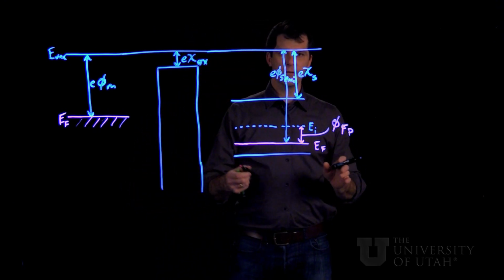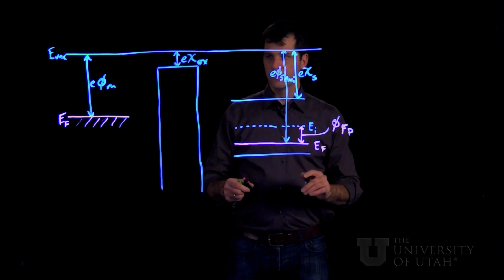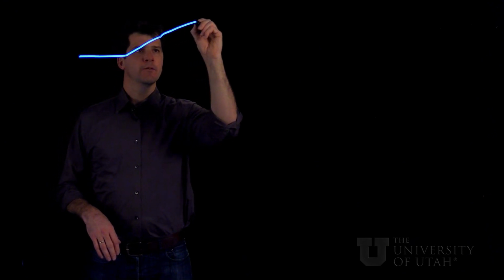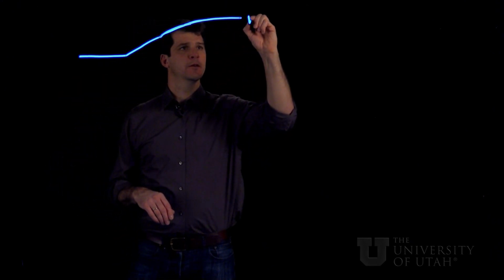So let's redraw this diagram after the connection together and see how it changes. So after we connect them together, we're going to actually start by drawing in the vacuum potential. And because of these electric fields and space charge regions, there's going to be a real potential induced. And so the vacuum level actually needs to look like this.